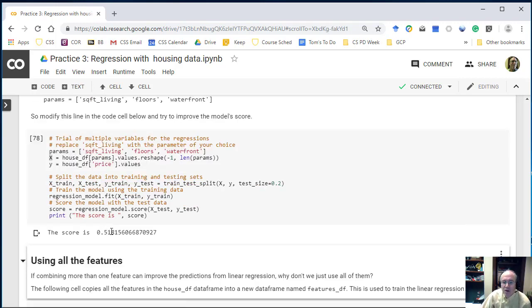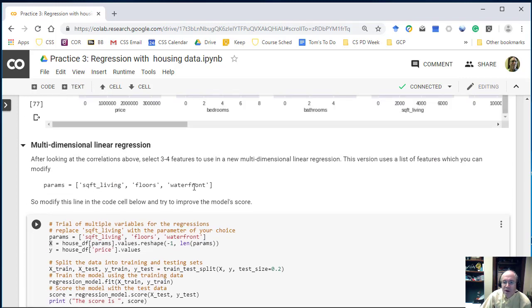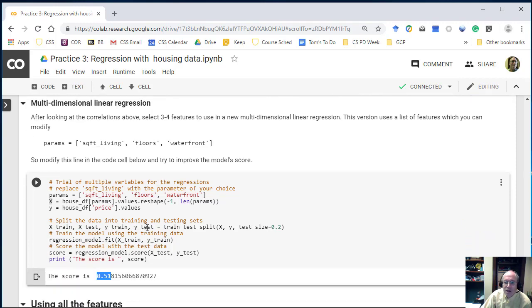And now we're getting a score of about 0.51 on this. So we can combine multiple features and do what is called multidimensional linear regression. It looks at multiple features along the x-axis to predict one feature along the y-axis here.